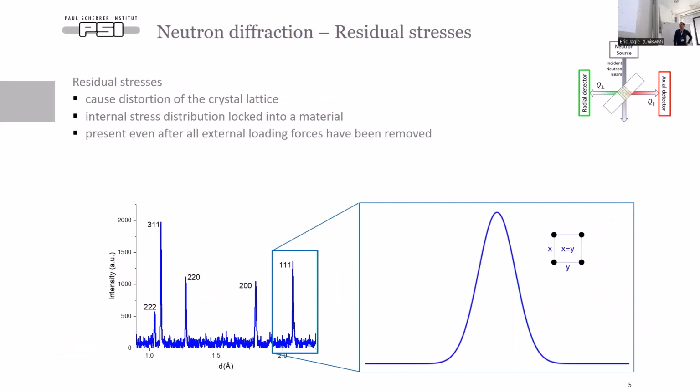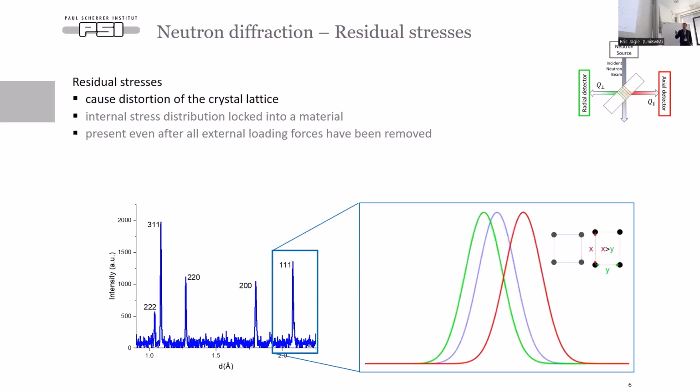How do we evaluate the residual stresses with this? When you have an unstrained sample, say the lattice is cubic, you see that it's cubic, so both sides have the same length. Therefore, you get overlapping peaks from both directions.